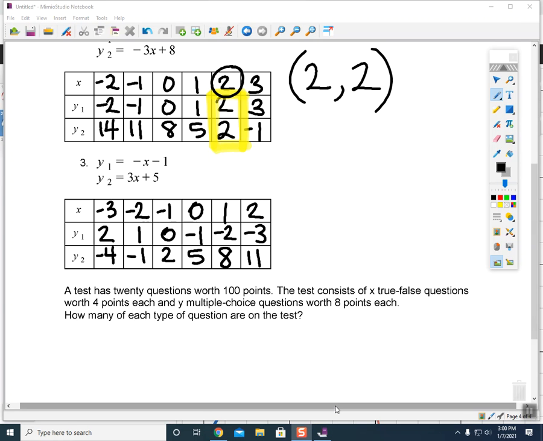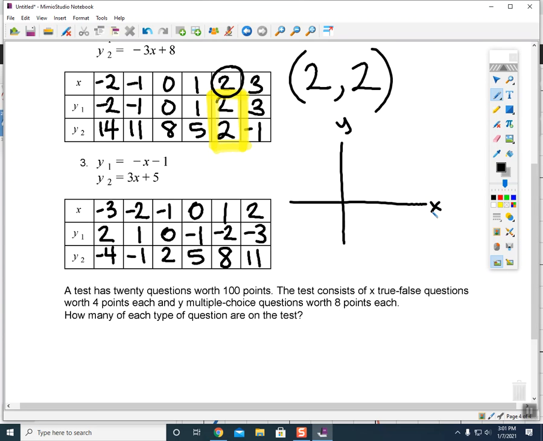Okay, these are the values that you should have gotten if you plugged in your numbers correctly into the equations. Here's what I want you to notice. If we're looking at a graph, here's a graph. Our y values are on the vertical axis, our x values are on the horizontal axis.